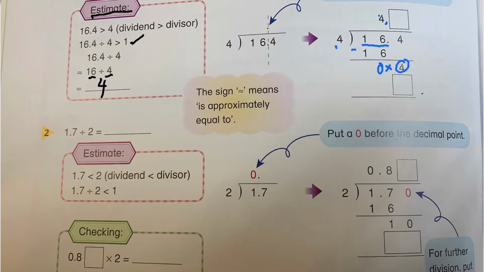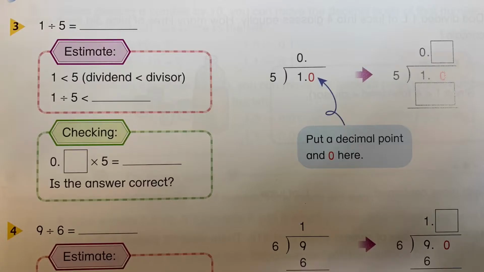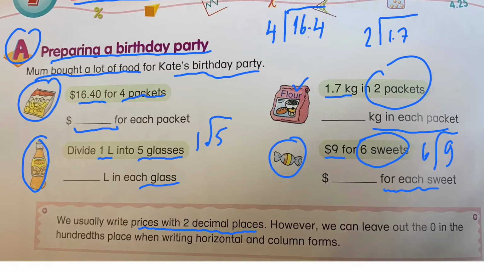Inside the 4 there is 1 four, and 4 times 1 is 4. When we subtract, we get 0. So the real answer is going to be 4.1.